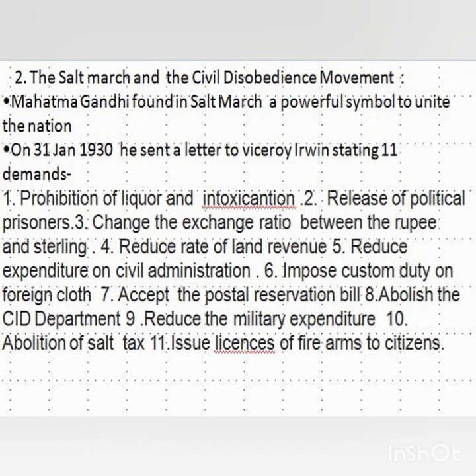The Salt March and the Civil Disobedience Movement. Mahatma Gandhi found in the Salt March a powerful symbol to unite the nation.